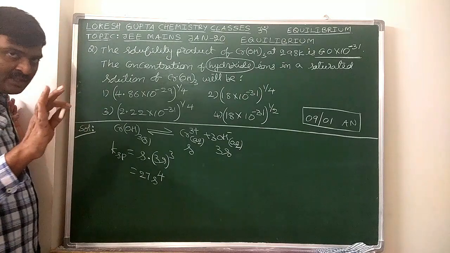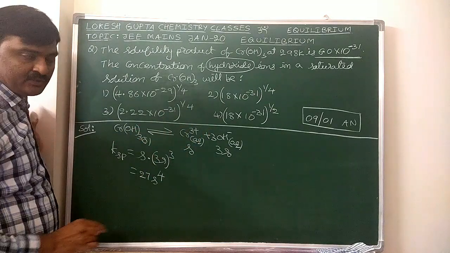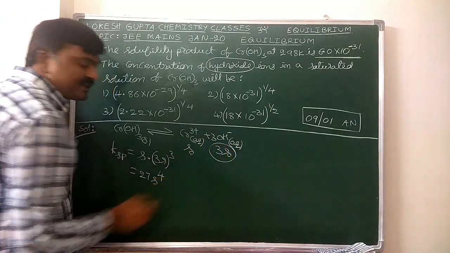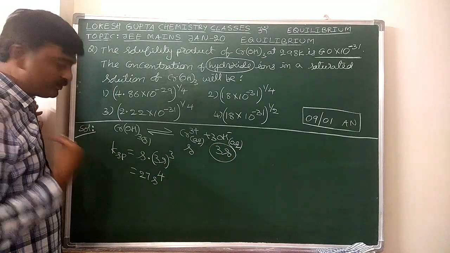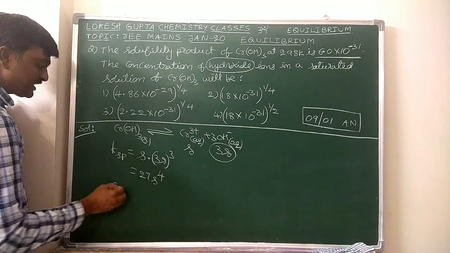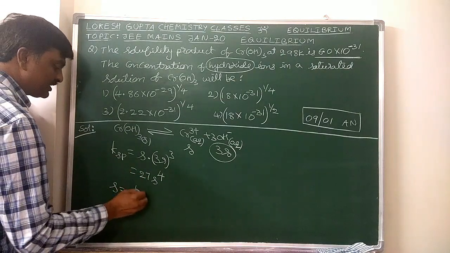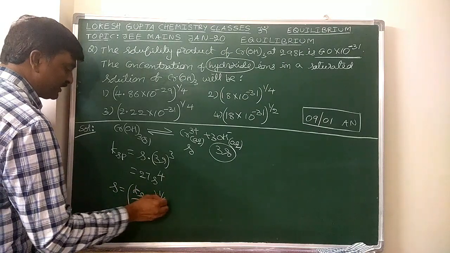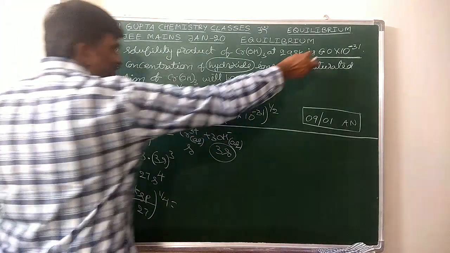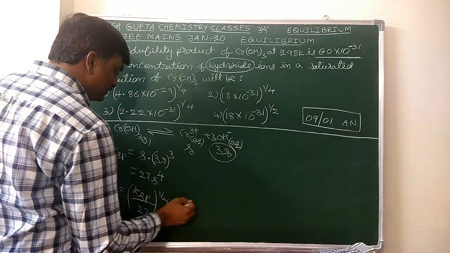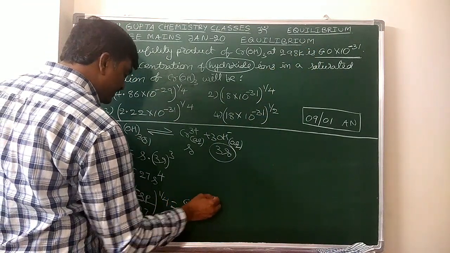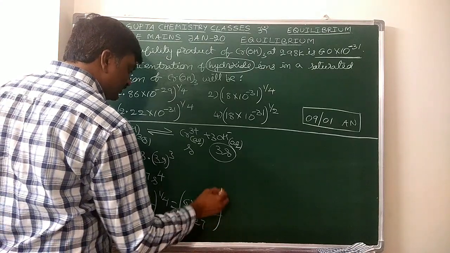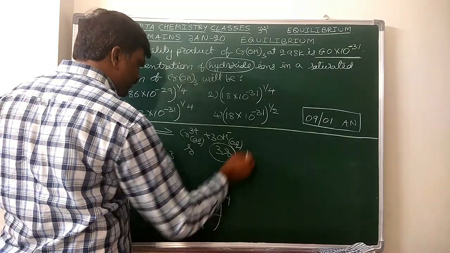Now what do we have to calculate? The molar concentration of OH- in this saturated solution, that is equal to 3S. So we have to know the S value. Now S will be equal to (Ksp by 27) to the power 1 by 4. Now what is the Ksp value? (6 into 10 to the power minus 31 by 27) to the power 1 by 4.